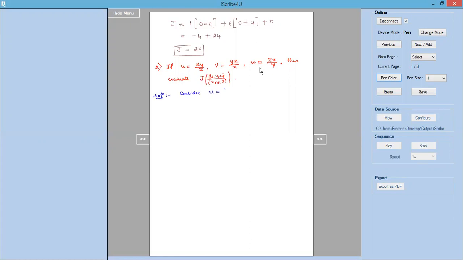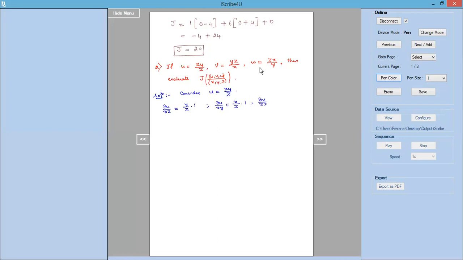u is equal to xy divided by z. Let's find the partial derivatives, dou u by dou x. With respect to x, y and z are constants, writing down as it is. Differentiation of x with respect to x is 1. Then similarly, dou u by dou y. With respect to y, x by z is a constant. Differentiation of y with respect to y is 1.